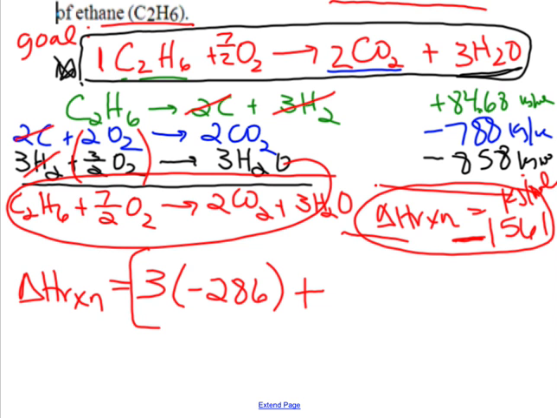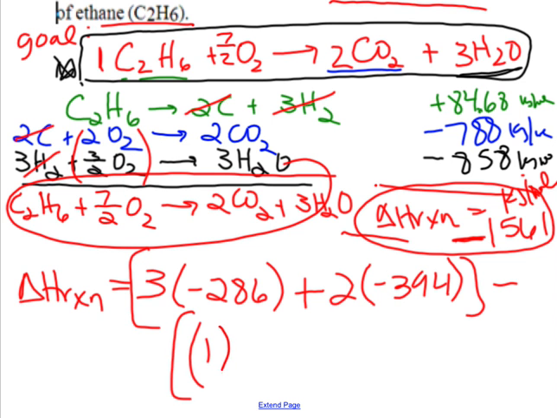CO2. Okay, products minus 1 times, what's that? Negative 84.68 plus 0. So go ahead and do the math and verify it matches.